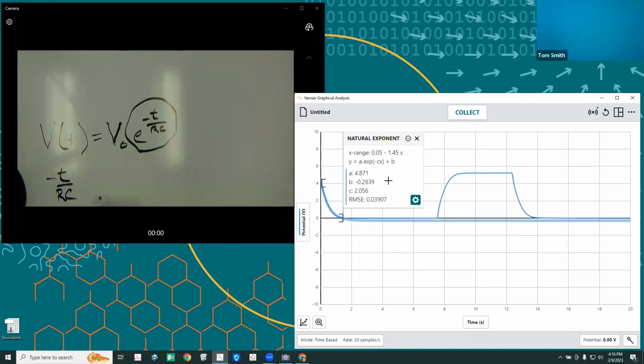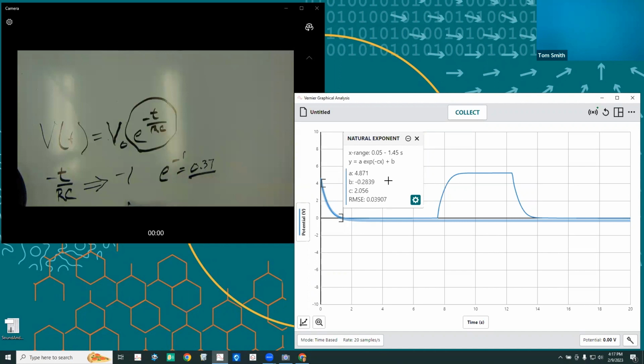If we think about going out to a time that is equal to a time constant, we're driving this to a value of -1. And the value of e to the -1 is approximately 0.37. So after a time equal to one time constant, the voltage should be about 0.37 times our initial voltage.